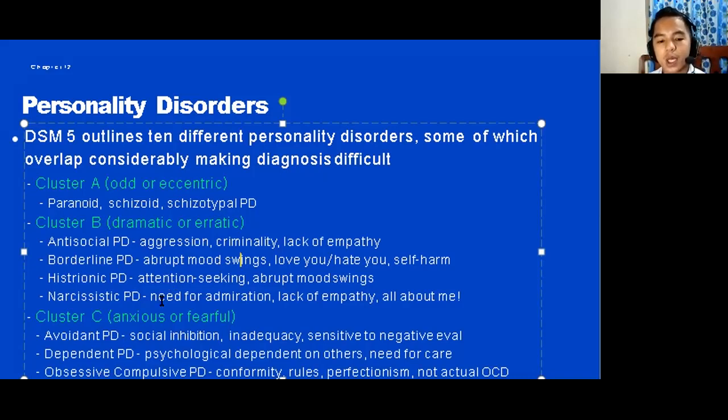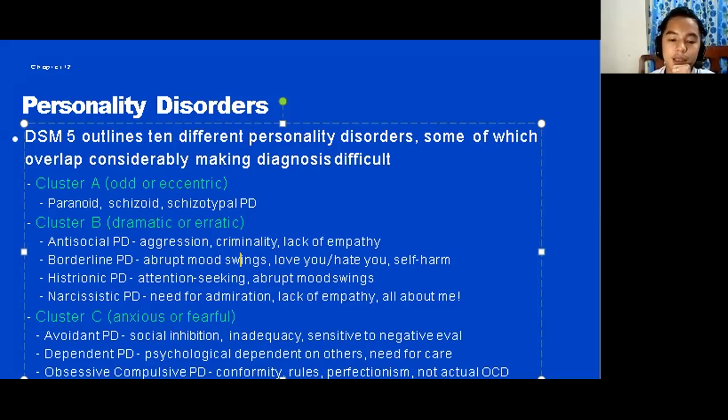The last cluster is cluster C, which is the anxious or fearful. The first is the avoidant personality disorder, which is characterized by social inhibition, inadequacy, and sensitivity to negative evaluation.